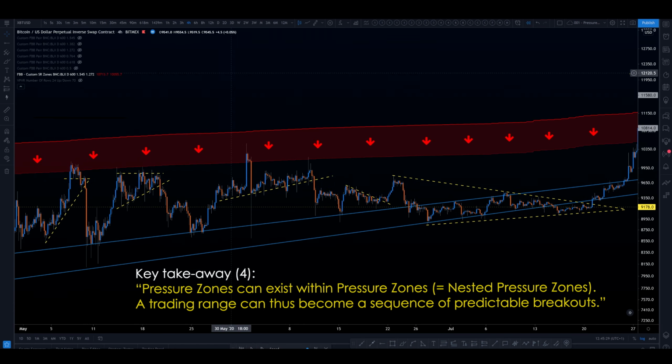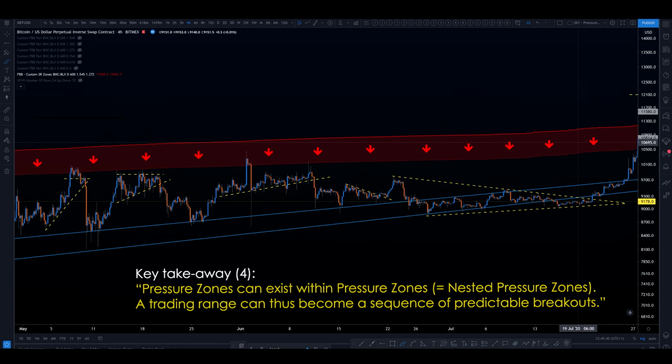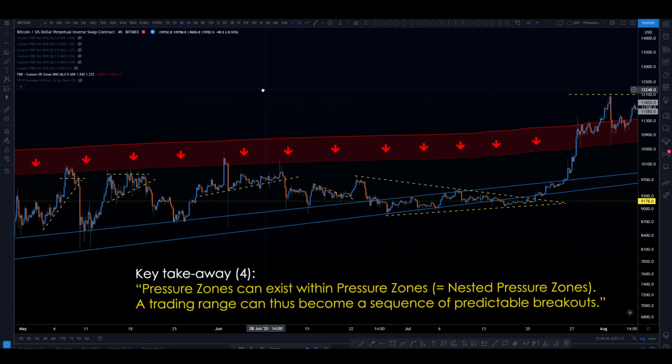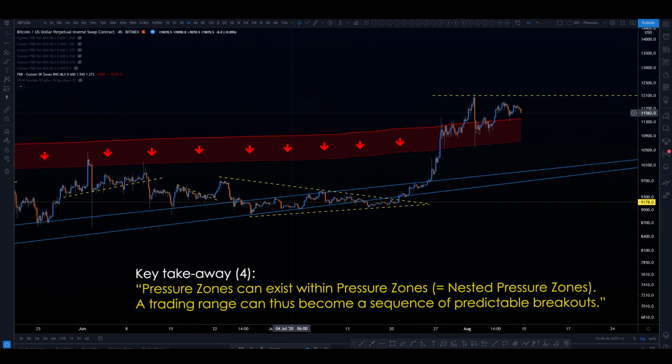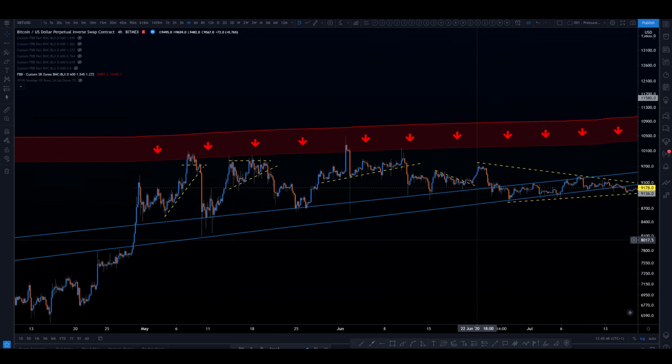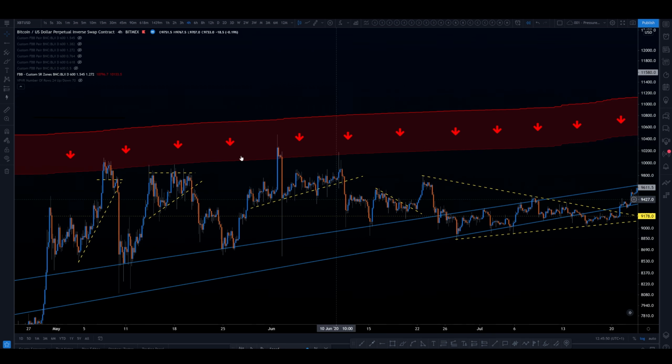If you truly want to understand price action, it is probably inevitable to get a feeling for when there's pressure and how these pressure zones interact with each other. For example, let's take this one.